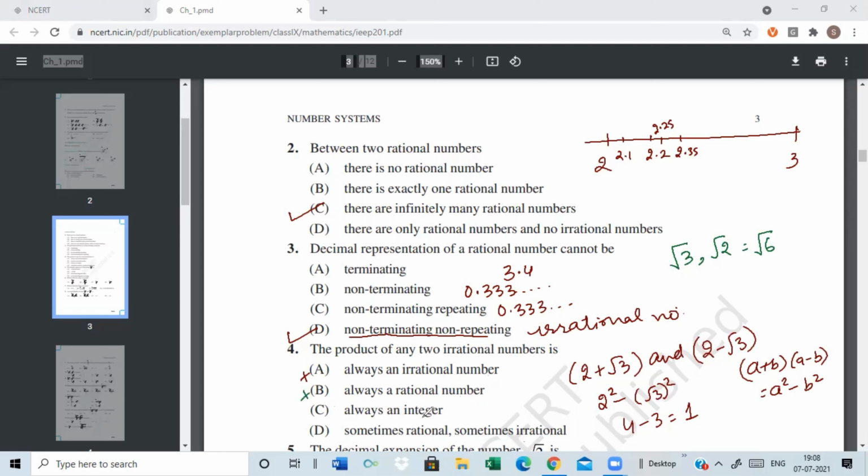Always an integer is also not true, because here we are getting an irrational number. Now it says sometimes rational, sometimes irrational. Yes, we are getting a rational number in one case and an irrational number in the other. So we can say sometimes rational, sometimes irrational. So that holds true, right?